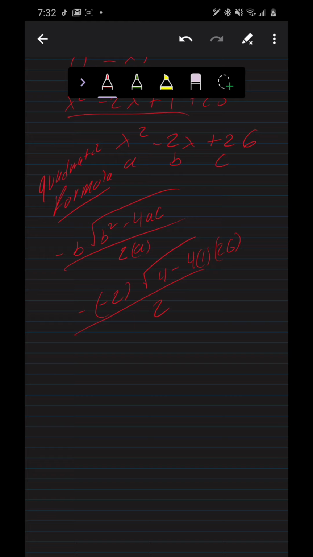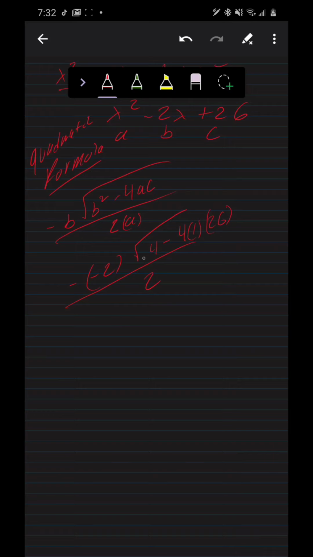Okay? Once we do our math, sorry, I forgot the plus and minus in the quadratic formula. This is going to be 2 plus or minus the square root of 100, over 2.